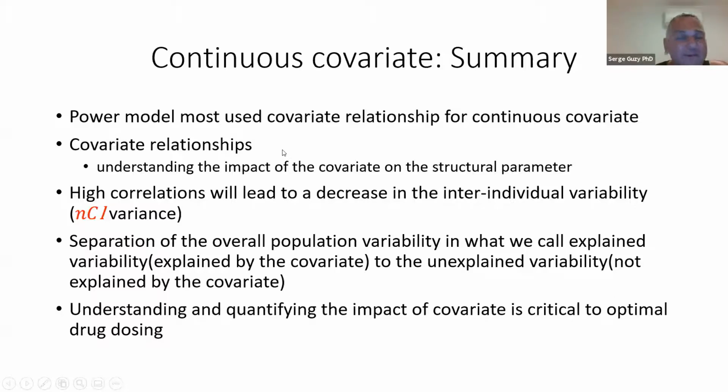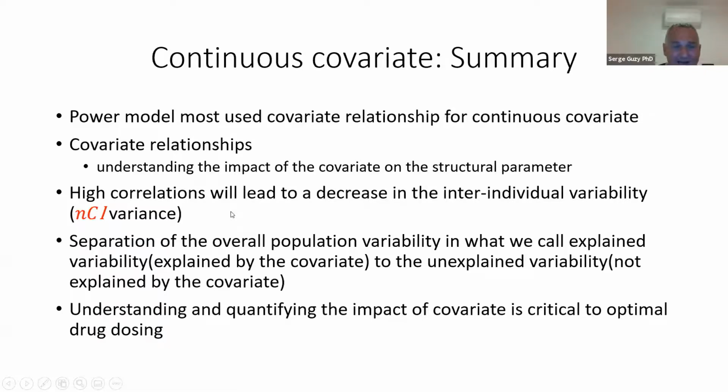Let me give you an example, let's say an extreme case. Suppose that all the males are the same and all the females are the same. When I put them together, I see some variability because a male is different than a female. Now, if suddenly I take into account the covariate relationship for clearance, for example, between male and female, then suddenly I will not have variability anymore, because I know exactly the clearance for males, I know exactly the clearance for females, and once I know the gender, basically I don't need anything anymore.